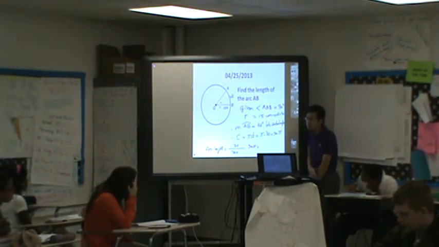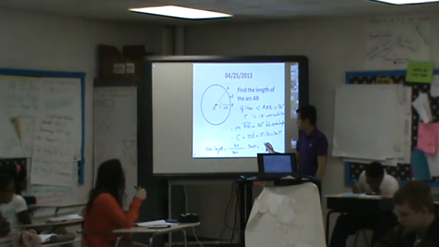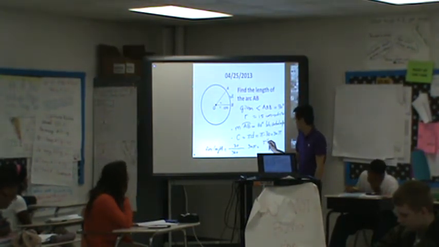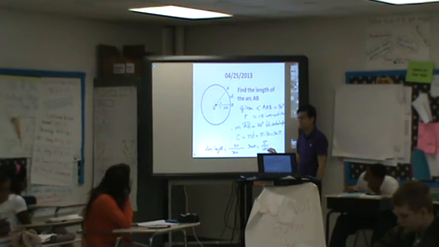If you simplify it down, it's 1 over 12. So it means 30 pi divided by 12.